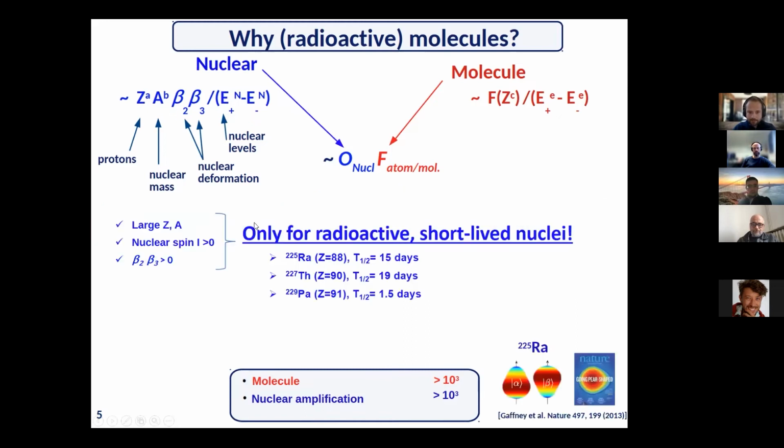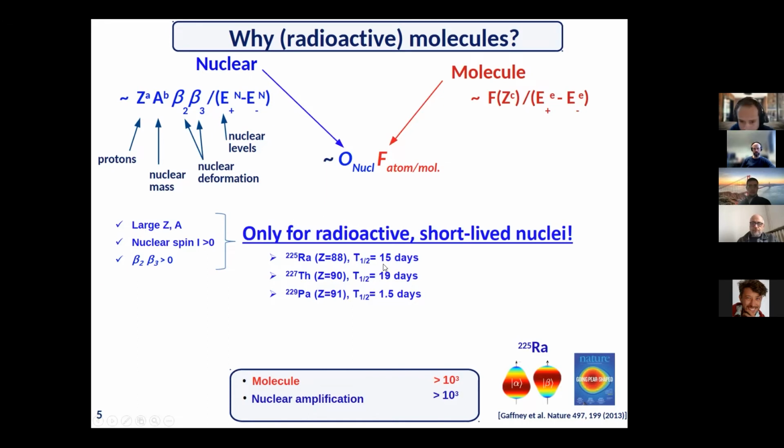And what is exciting in these radioactive nuclei is that you can maximize all of these parameters at once. You can access very large deformation, and you can access very large proton and mass numbers, and you can minimize this denominator.